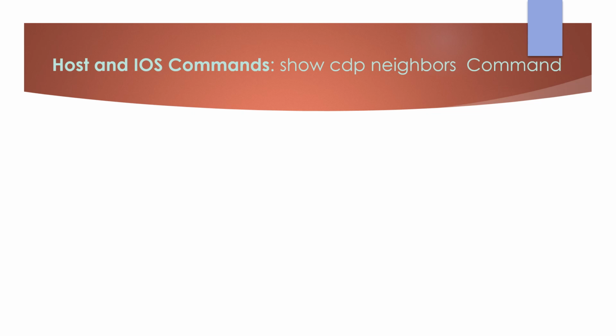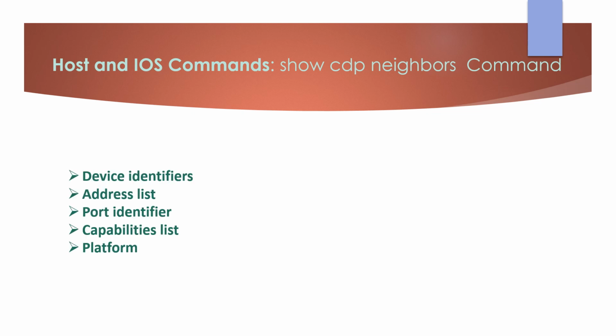CDP provides the following information about each CDP neighbor device. The device identifier, which is the configured hostname of the switch, router, or other device. We have the address list, with up to one network layer address for each protocol supported. We have the port identifier, which is the name of the local and remote port in a character string format, such as FastEthernet 0/0, for example.